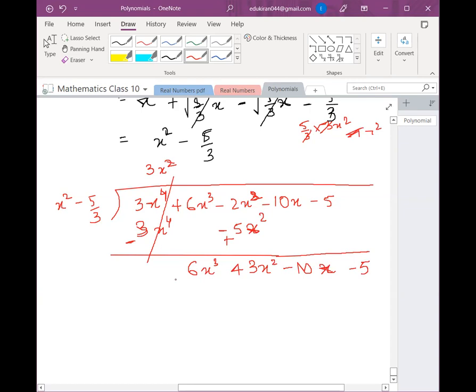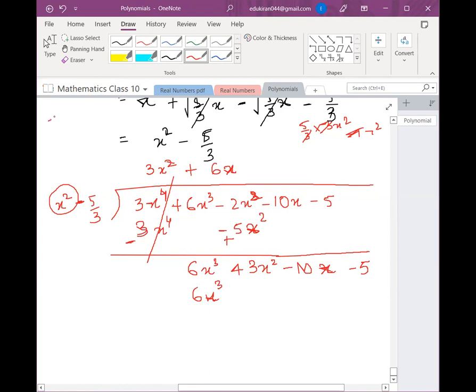Right? Now first term is 6x cube. So I'll multiply with plus 6x. Clear? So x squared into plus 6x will give me 6x cube.